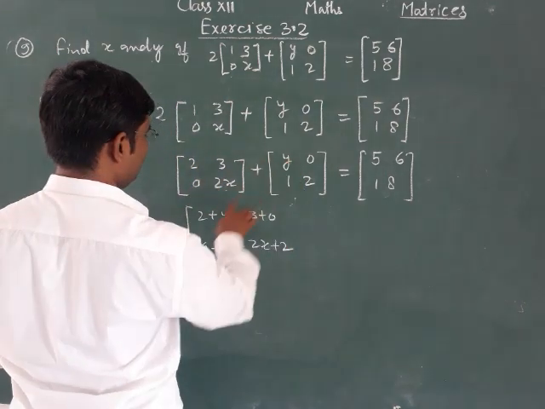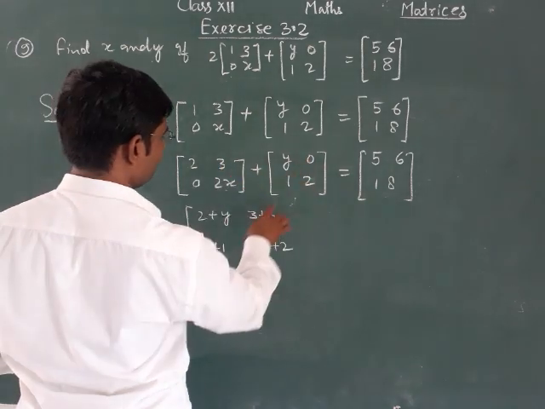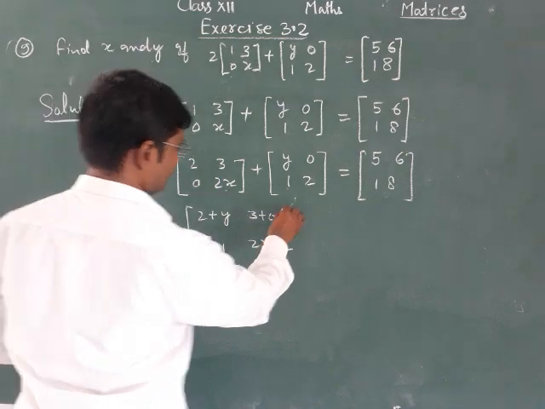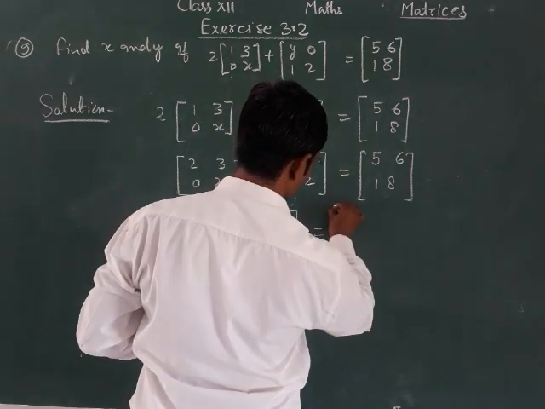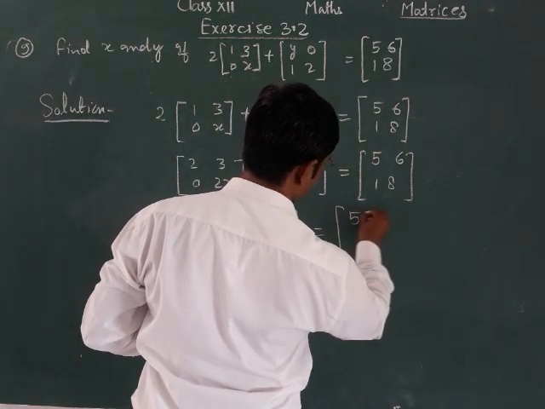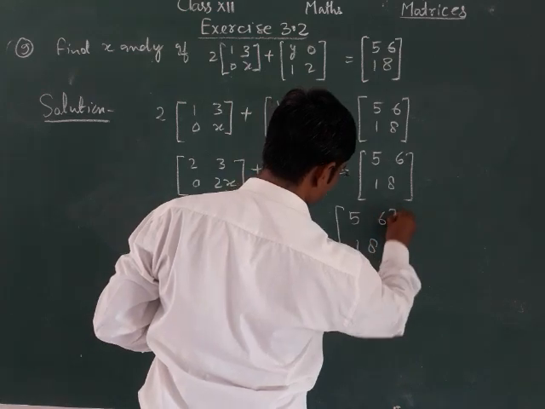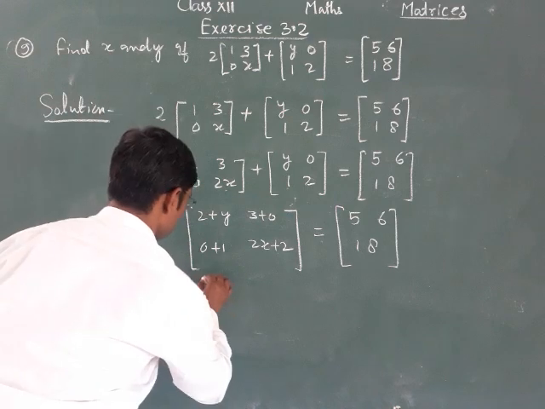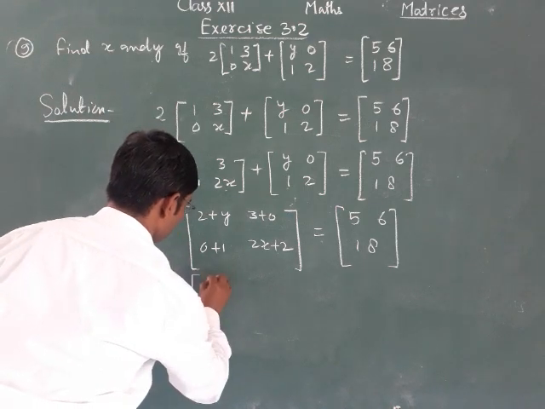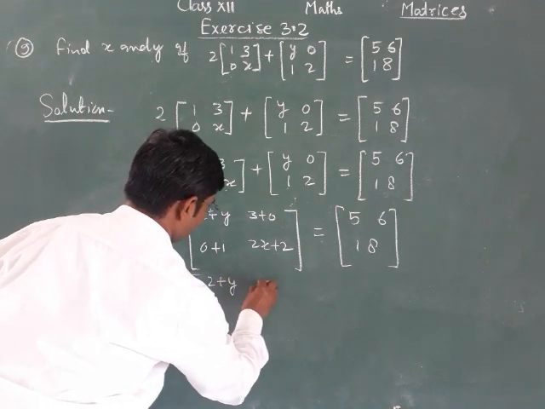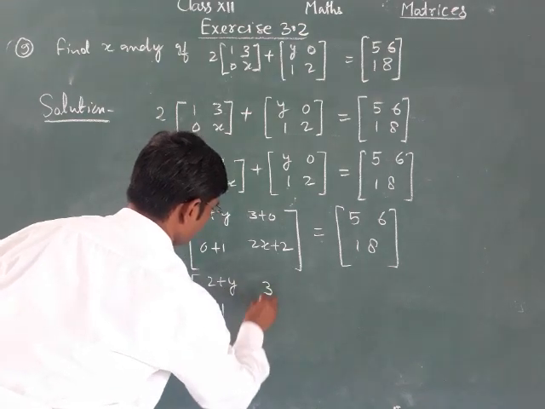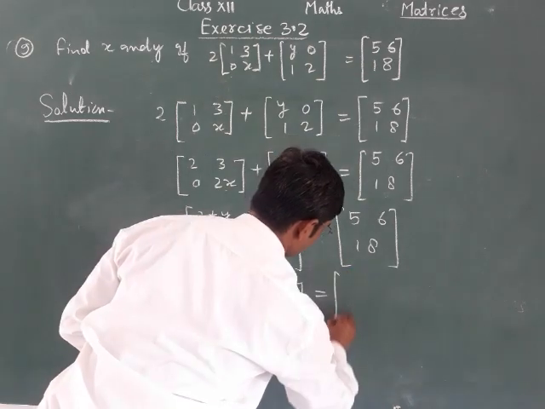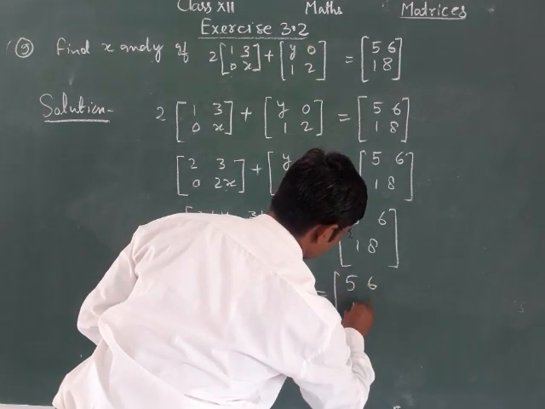This is the matrix, and it is equal to the matrix [5, 6; 1, 8].